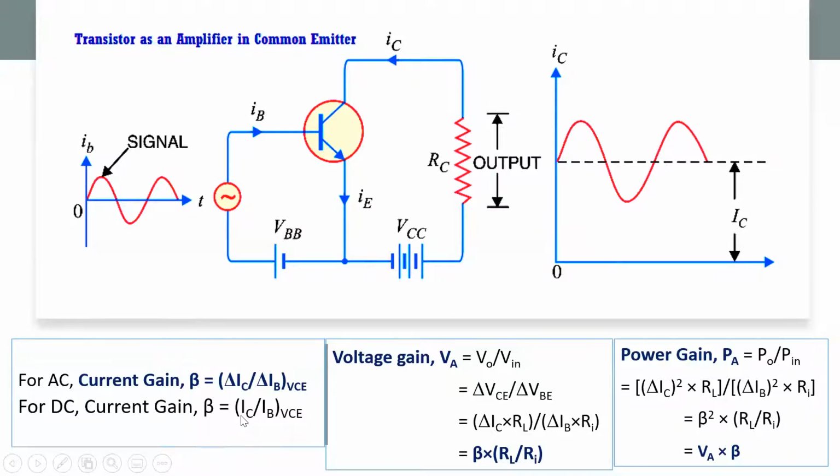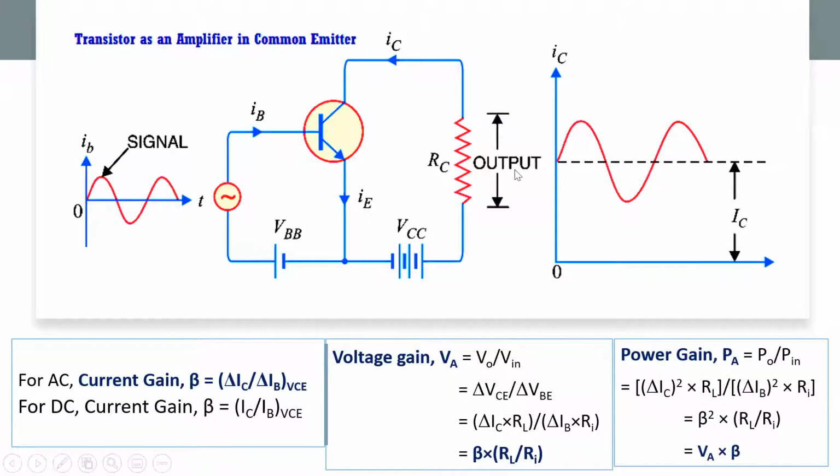Definitely we know that the collector current is very high compared to the base current, because if the emitter current is 100%, around 95% goes as collector current and only 5% goes as the base current. So this is a large value, much greater than 1. That is why we say that there is a current gain.